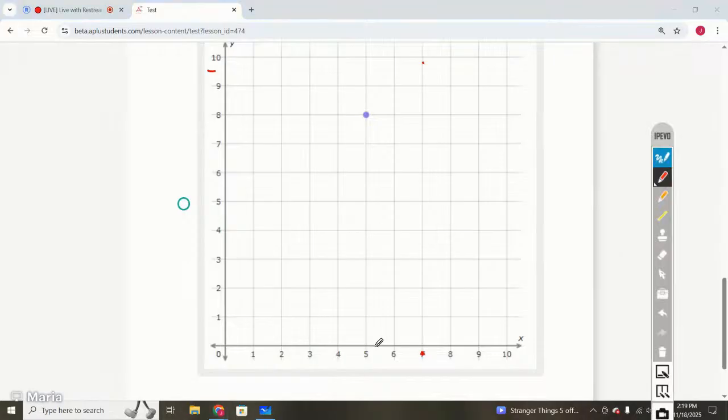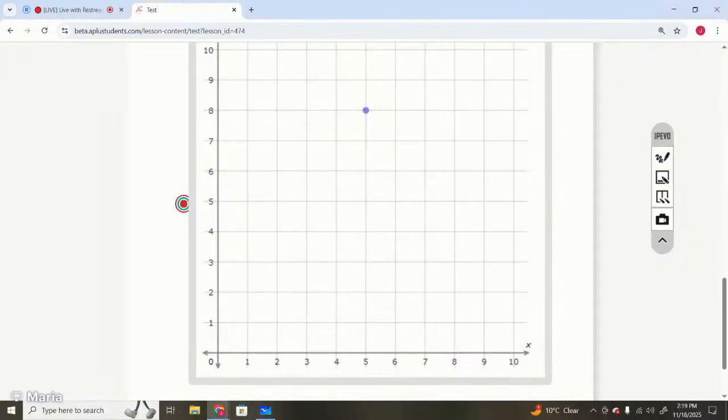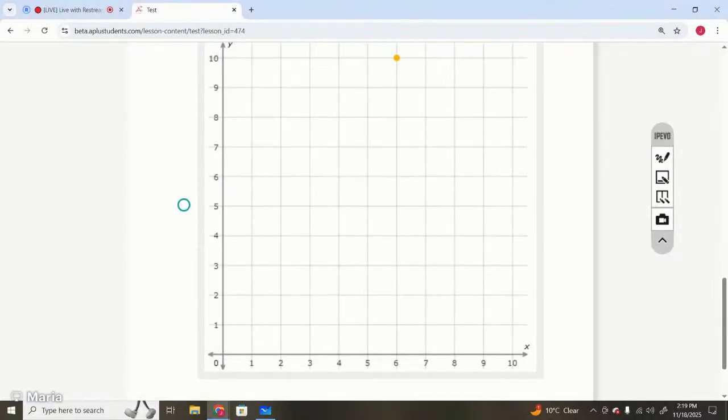So right 5 points, up 8 points. You can see this is up 8 points and right 5 points. So option number 2 is the correct option. That is 5, 8. Option number 2 is the correct option.